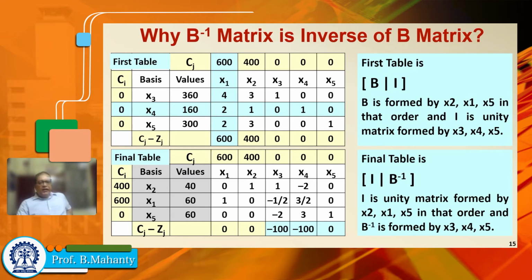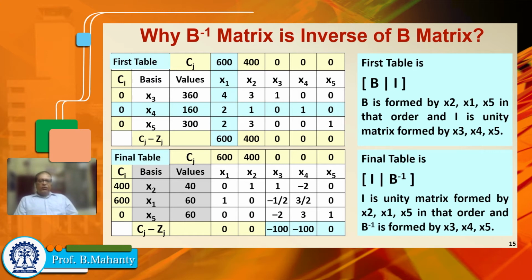You see, there is a procedure which says that suppose I can write a matrix in the form B concatenation I, where I is the unity matrix of the same order. Then suppose by some suitable matrix operations, by adding, subtracting, and those kinds of things, we convert B to I, then I will become B inverse.